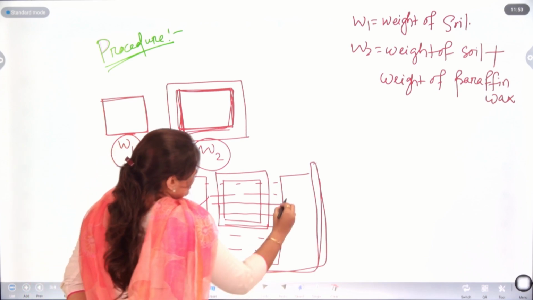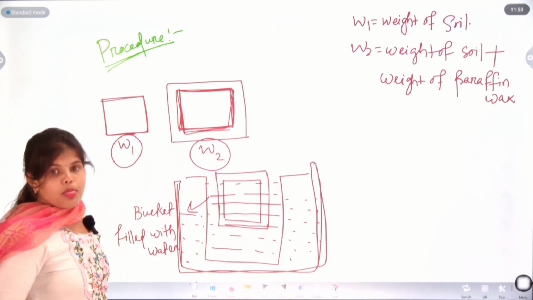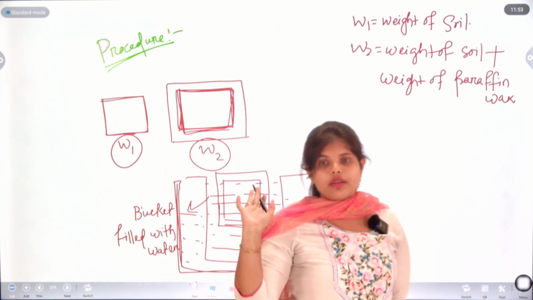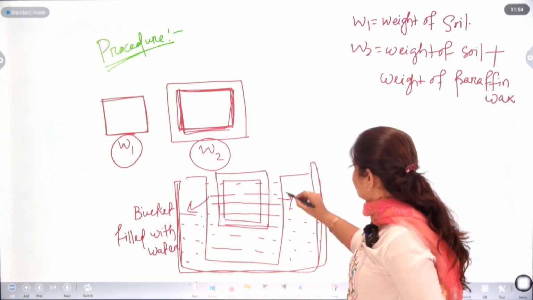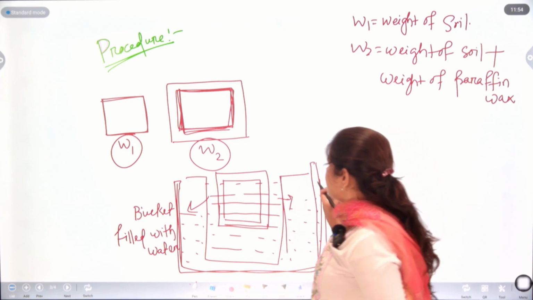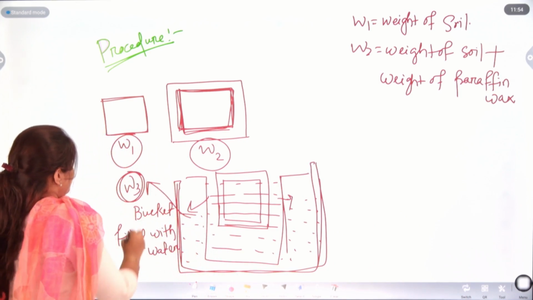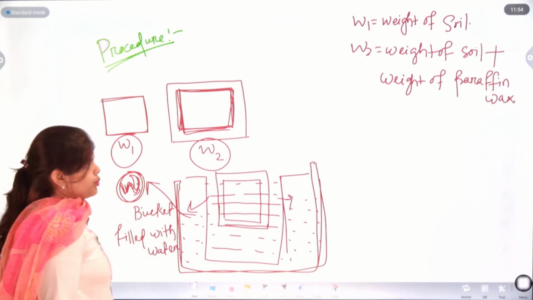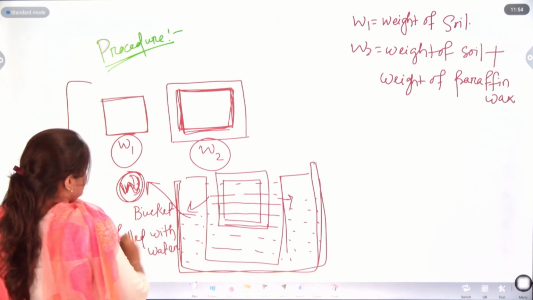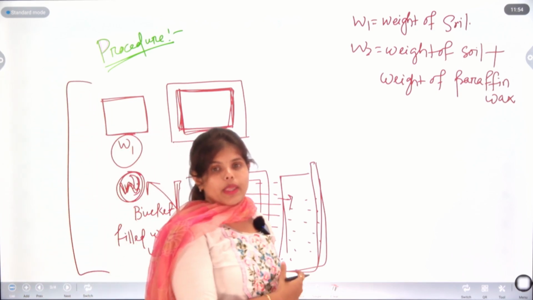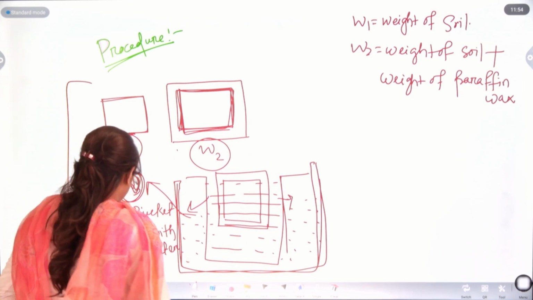If the bucket is filled with water and we put in W2, that is our weight of soil and paraffin wax, there will be some discharge of water. Now we will collect this water and name it as W3, or else we can name it as W. So, here we have the whole procedure of how to find the weight of soil, the weight of paraffin wax, and W3.